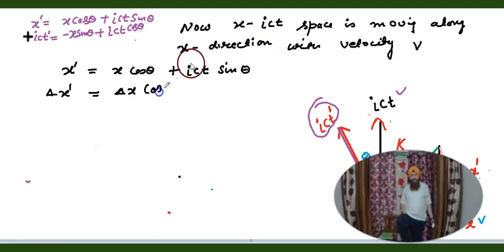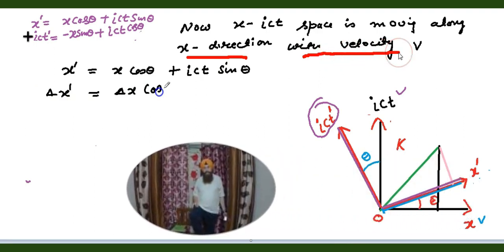It is moving along the x, iota ct, this is K frame, with velocity u.